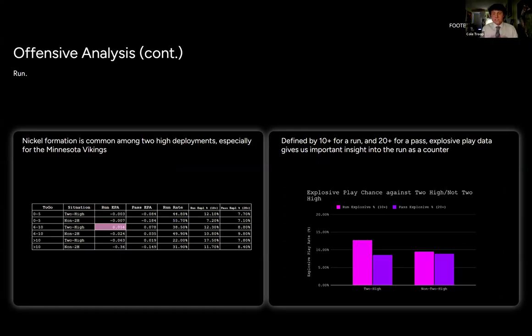Okay, and then this is what I think is the most interesting data to me. So in nickel formation, which is common among two-high deployments, we found the EPA for run, pass, and situation for two-high versus non-two-high. And the only EPA in run EPA that was positive was against two-high, 6 to 10.